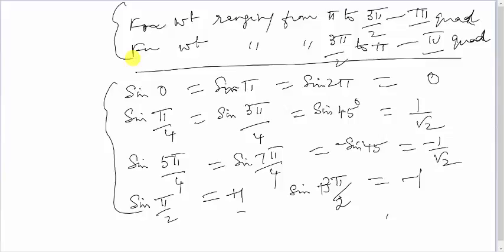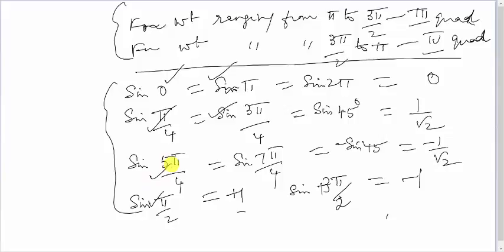So let me see if I have taken hold of all the angles that are possible in steps of pi by 4. This is 0, the next one is pi by 4, after that pi by 2, and then 3 pi by 4, and after 3 pi by 4 it will be pi, yes, we have done. After pi it will be 5 pi by 4, yes, it has come.